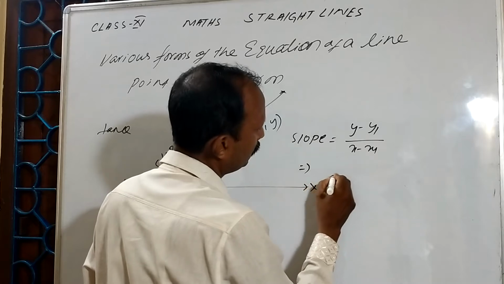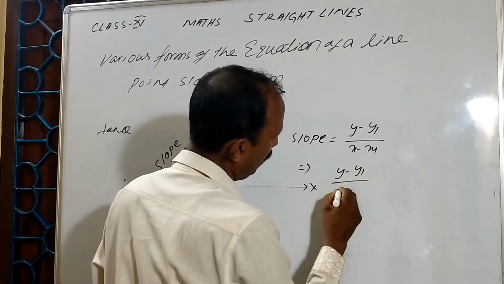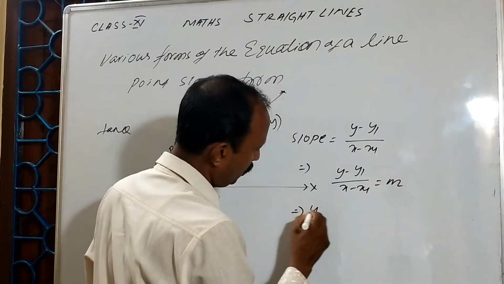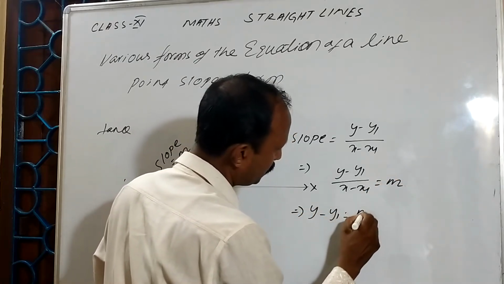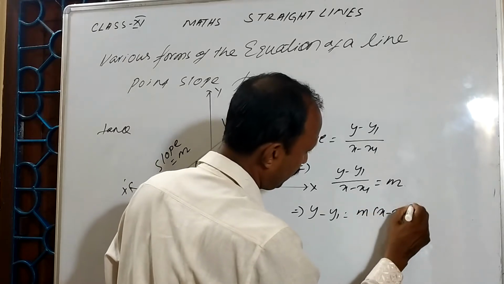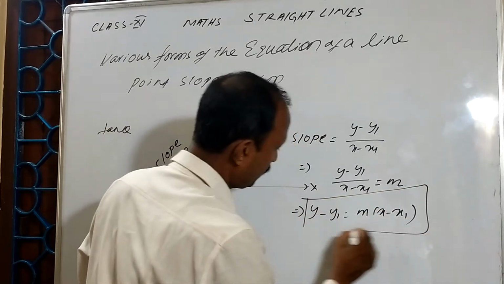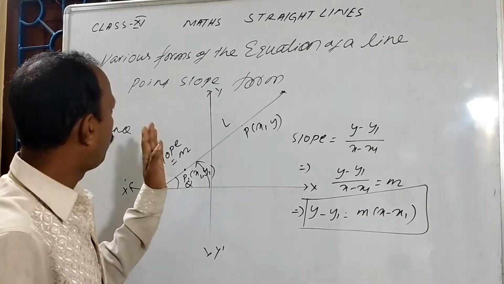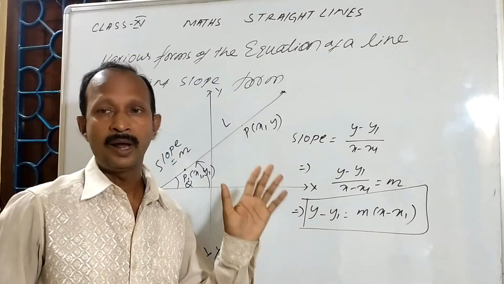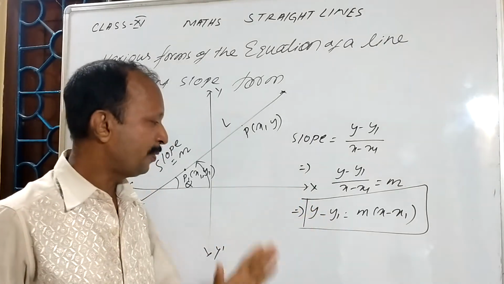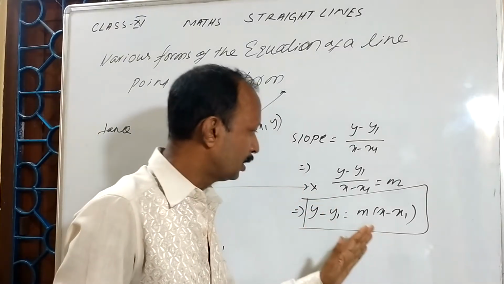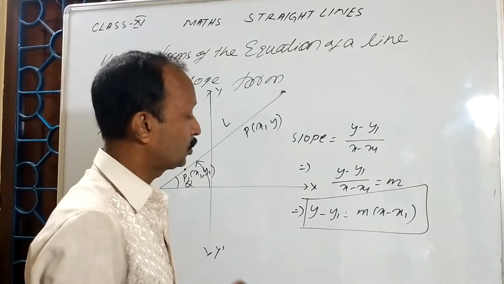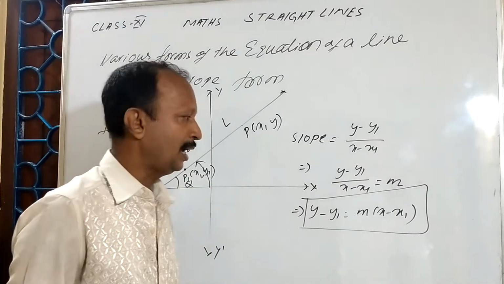This implies that y minus y1 upon x minus x1 is equal to m, which implies y minus y1 is equal to m of x minus x1. This is the equation of a line. This is called the point slope form. One point is given, one slope is given. By using this formula, we can find the equation of a line.